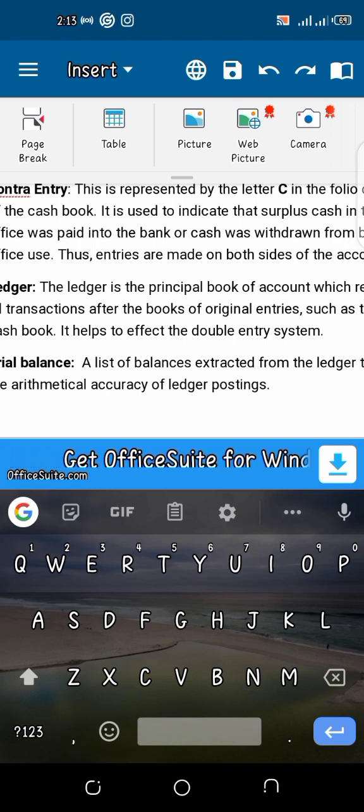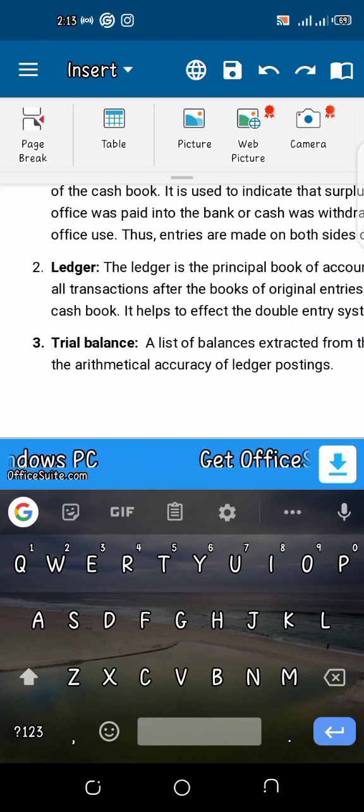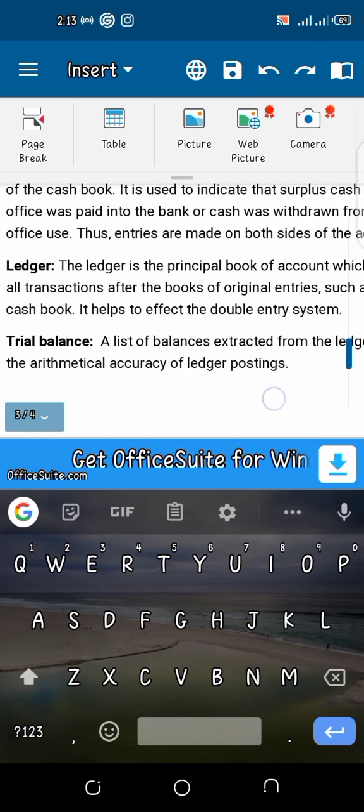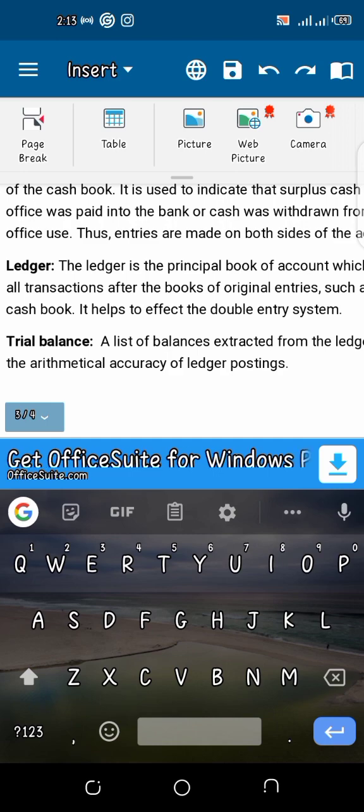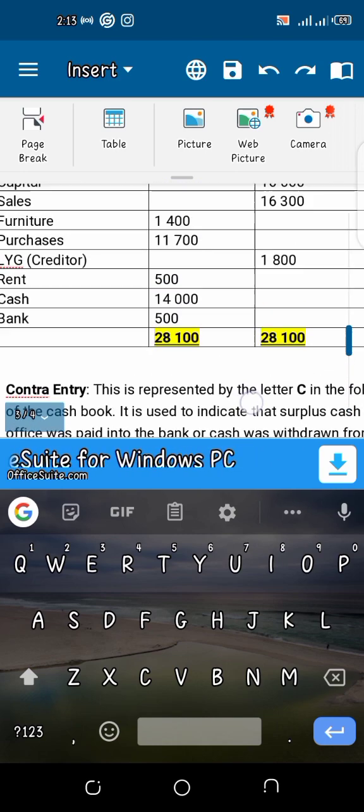So the ledger helps to complete the double entry principle as shown in the workings. Then the trial balance is a list of balances extracted from the ledger to test the arithmetical accuracy of ledger postings. And that is what we have done here.